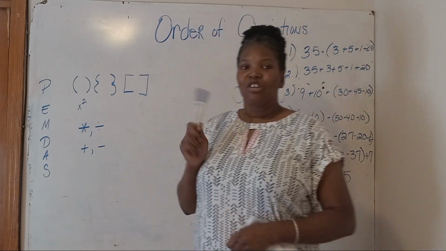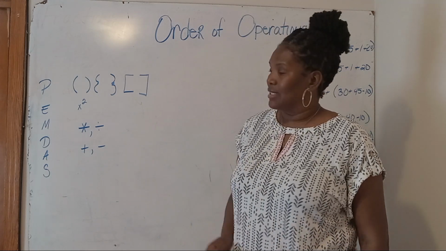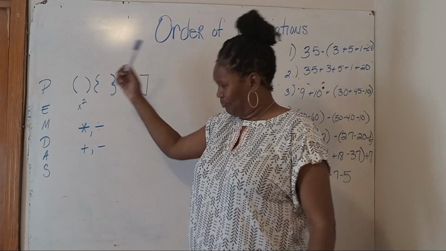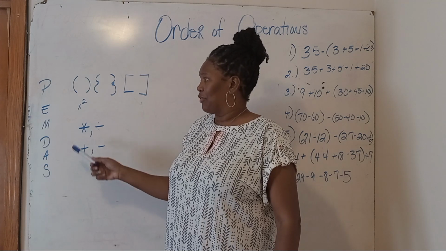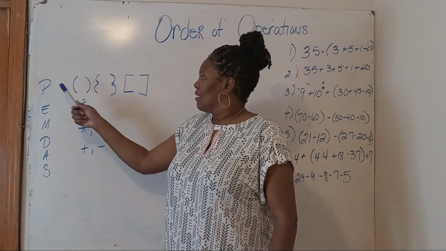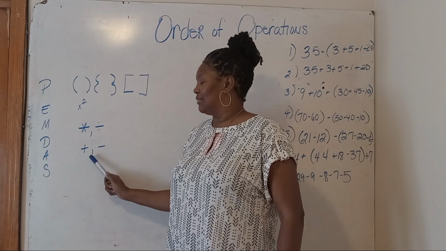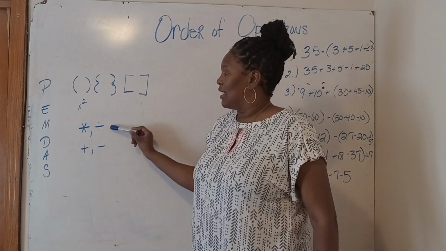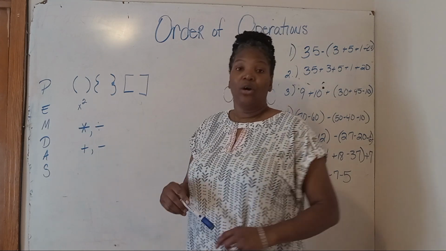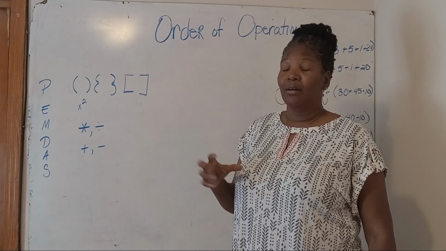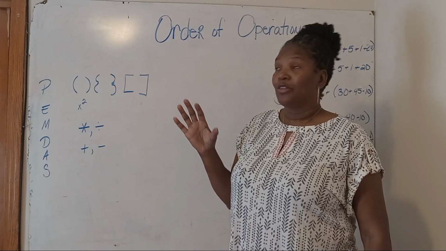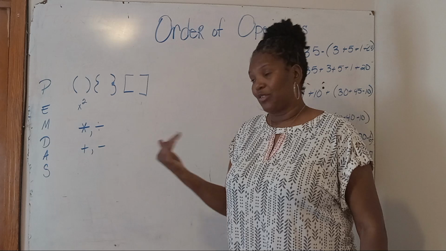So first thing you need to remember about order of operations is they have this little acronym, PEMDAS: parentheses, exponents, multiplication, division, addition, and subtraction. Now they can be turned around, according to how the problem is worked from left to right.